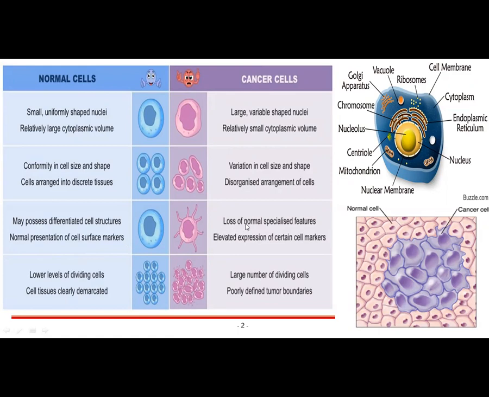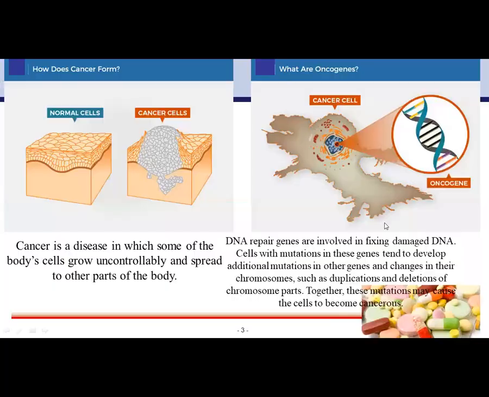Here is loss of normal specialized features and elevated expression of certain markers. Normal cells have lower levels of dividing cells and clearly demarcated tissues. Cancer cells show a large number of dividing cells and poorly defined tumor boundaries. This is the cell structure. Next, we see a normal cell and a cancer cell.